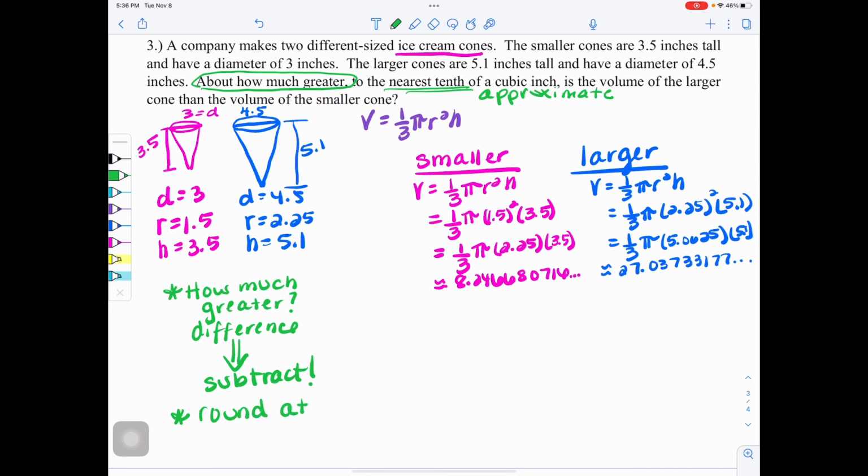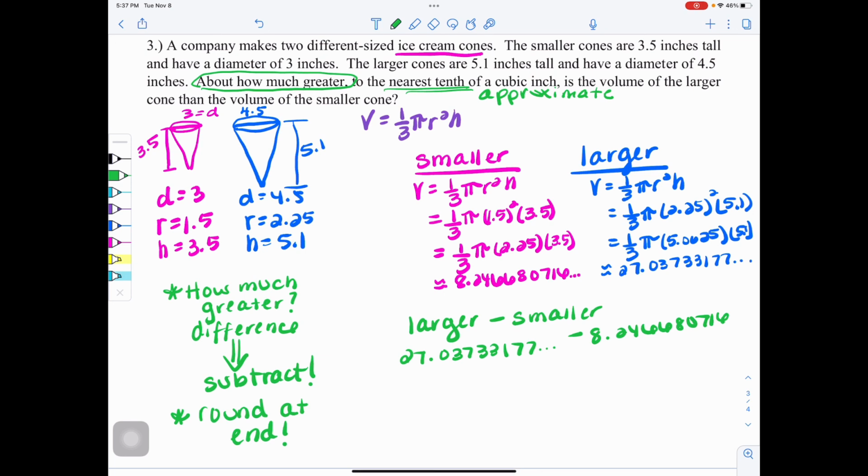So round at end. So we're going to finish this up. We're going to take the larger and take away the smaller, which means we're going to take that 27.037333177 number, and we're going to subtract the 8.246680716 number.